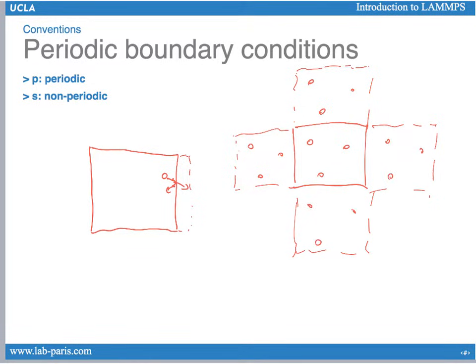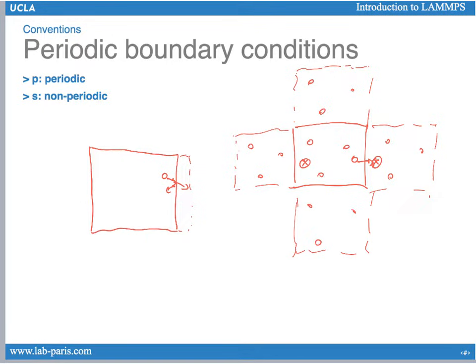Why do we do that? Because if an atom moves and goes out of the simulation box, it will now be displaced into a fictitious box on the right. But since all the boxes are the same box replicated in the three directions, this atom will now also be here.